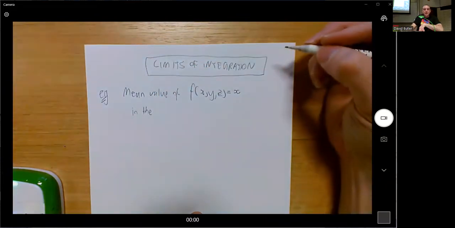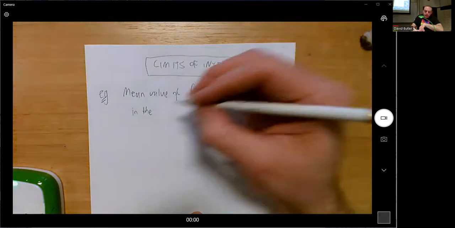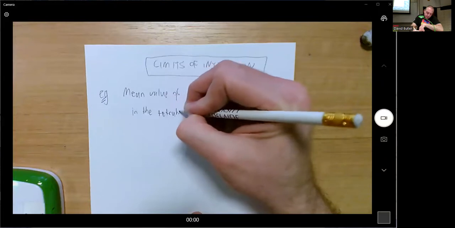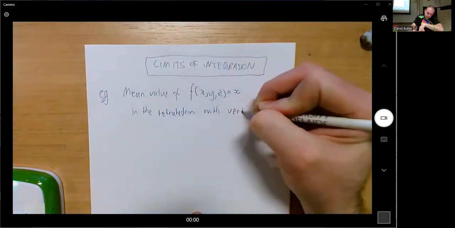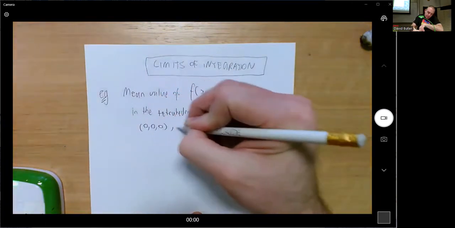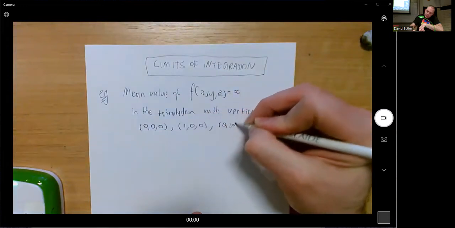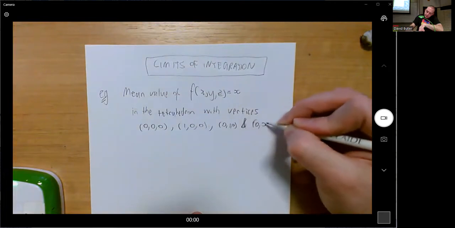So: the mean value of the function f of x, y, z, which is x, in the tetrahedron with vertices (0,0,0), (1,0,0), (0,1,0), and (0,0,1).